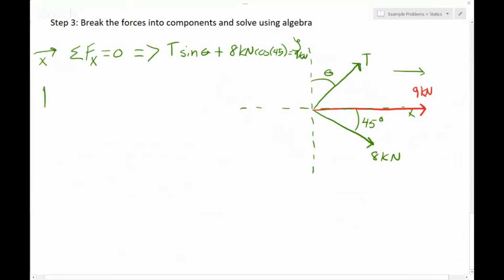And then we can do the same thing with our Y direction, with the positive Y being up.